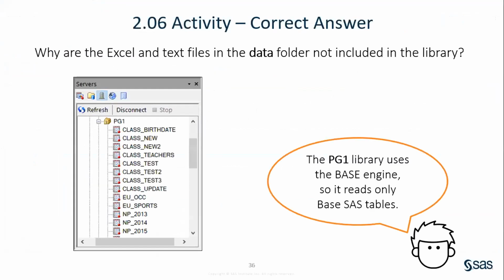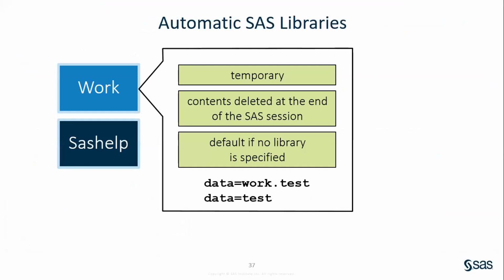Moving ahead, this we have already done. As we discussed, automatically when we start a session, SAS always provides you two libraries. One is the temporary library, which is work, whose contents are deleted at the end of the session. By default, if no library is specified for your data, it is treated as the work library.